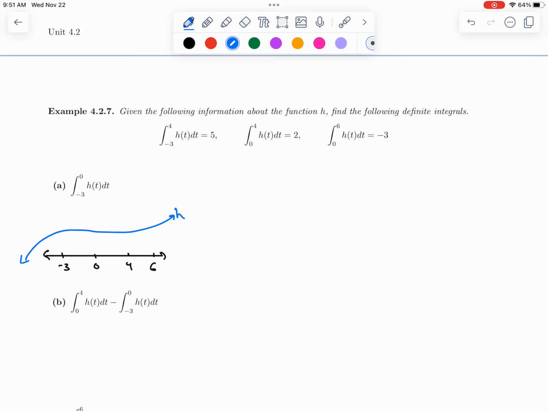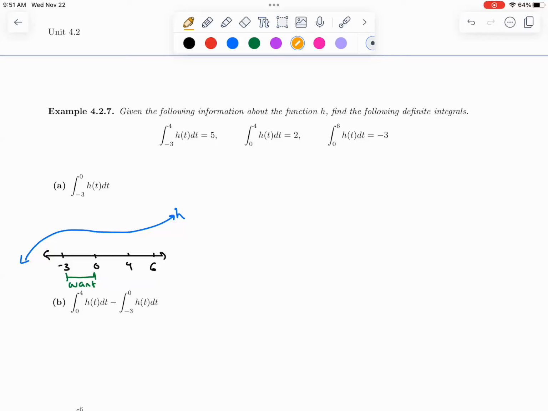This is h. And so what do we want? We want the -3 to 0 piece. There's no integral at the top that tells us -3 to 0. So this is the piece we want. Exactly. That's what's going to happen.